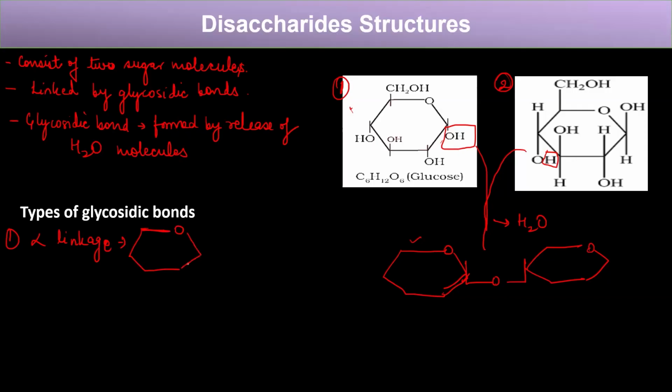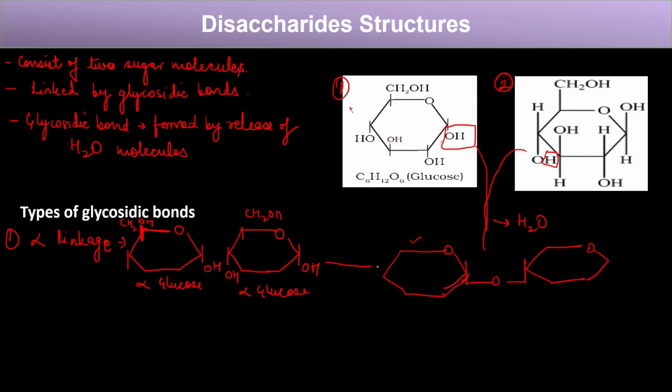So this is, say, alpha glucose, because it will have CH2OH. And again, you have another alpha glucose. So OH is here, this is your other OH, this is your CH2OH. So this is again alpha glucose.